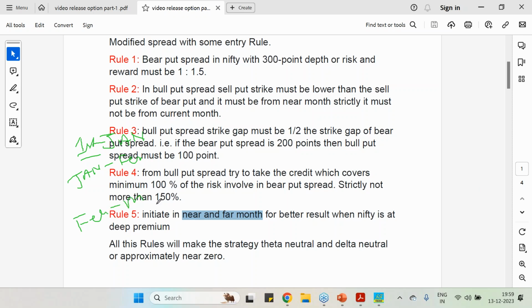Because February has a premium, March also has more premium. So go for February and March. When the premium of February falls toward the end of January, due to that process also a few hundreds of profit will get added. So delta additions can happen. For that only, this fifth rule says.